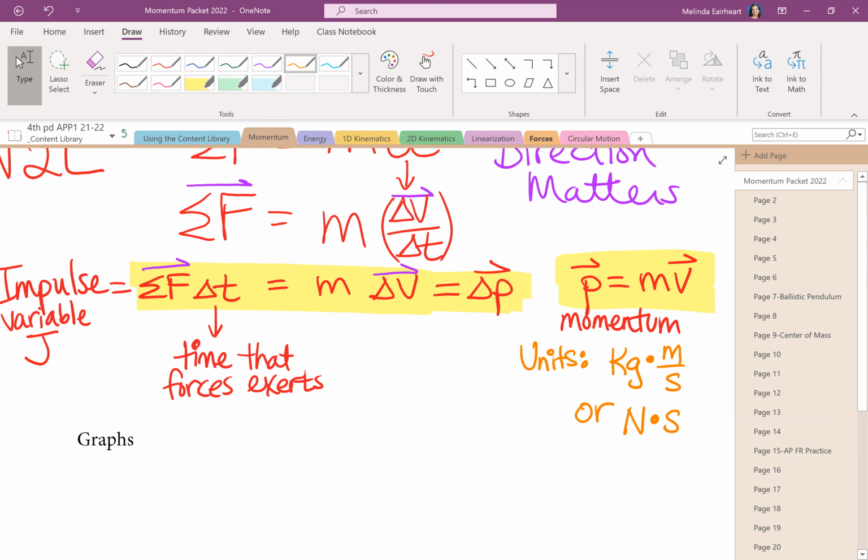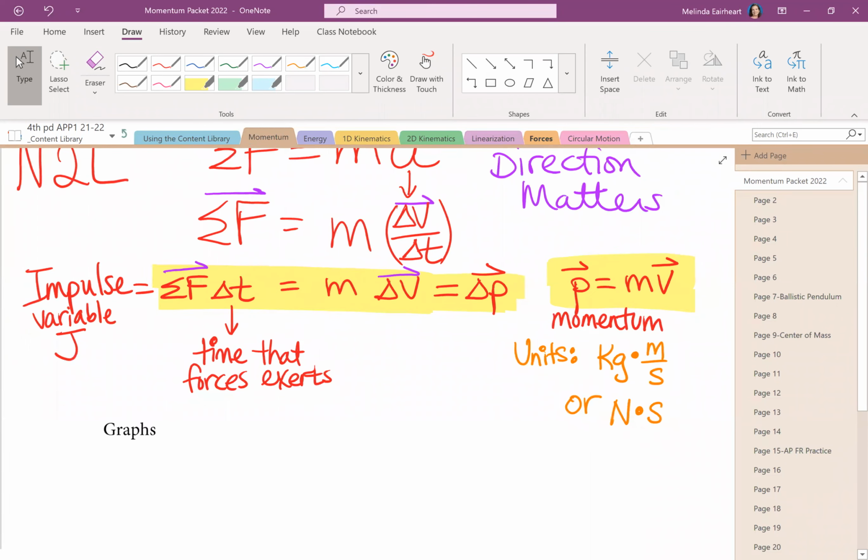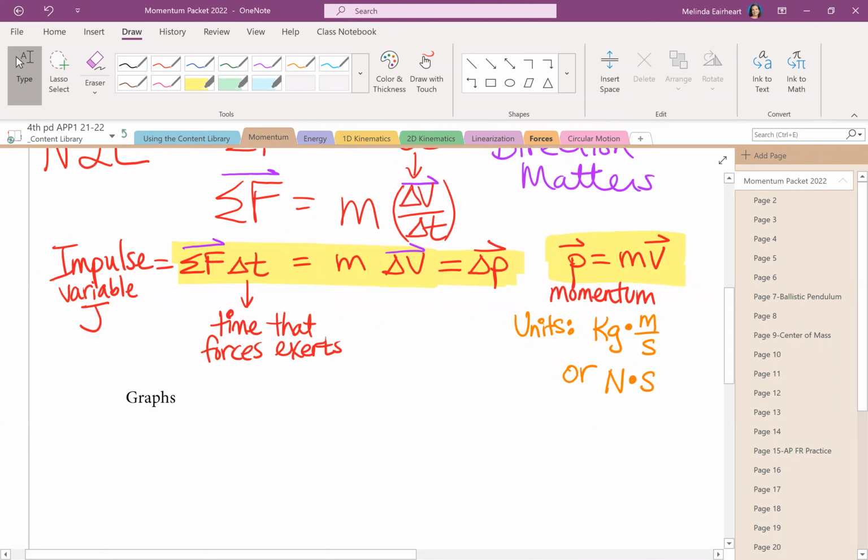If I use mass and velocity, I use kilogram meter per second. Either one, they're equal. Okay, so there's impulse. And again, this is kicking, throwing, hitting, crashing, anything that exerts a force during a certain amount of time. It can change the momentum of another object, yes?